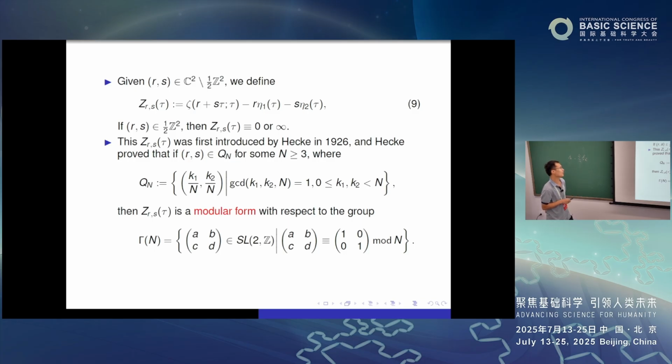This function was first introduced 100 years ago by Hecke, and he proved that if r, s belong to this Q_n for some n, then Z_{r,s} is a modular form with respect to this group Gamma_n.